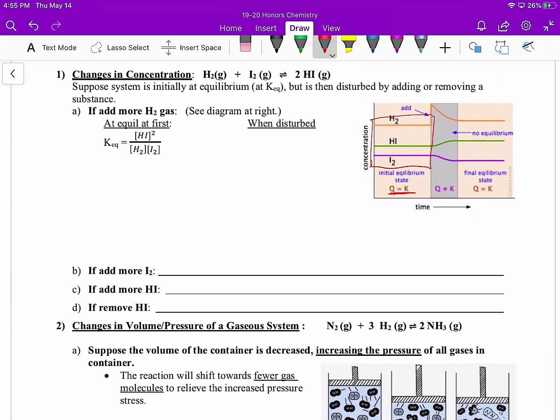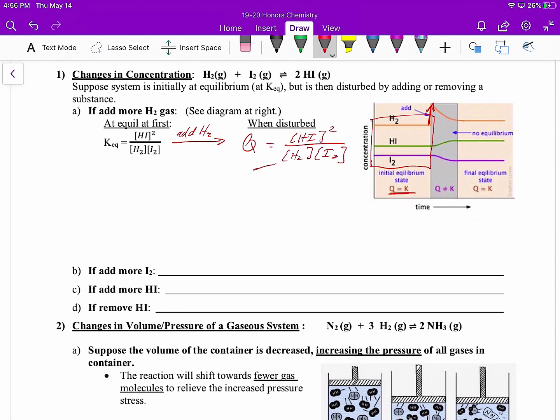Now all of a sudden, let's say you add more H2 gas, so your H2 concentration goes up. You're no longer at K. You're at a Q value where you still have your HI on the top and your H2 and I2 on the bottom.